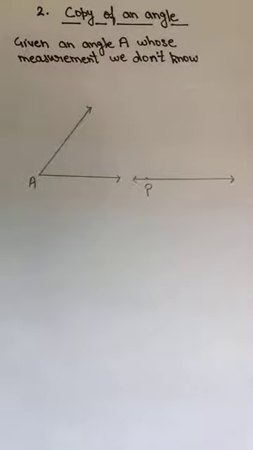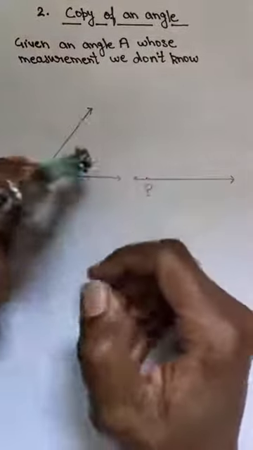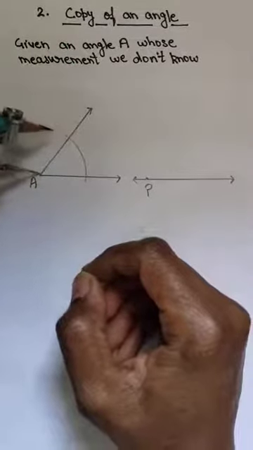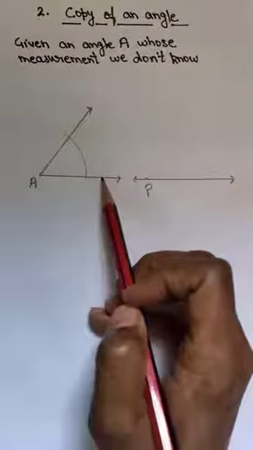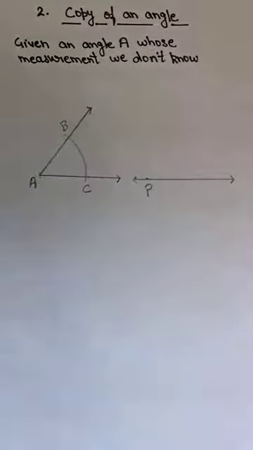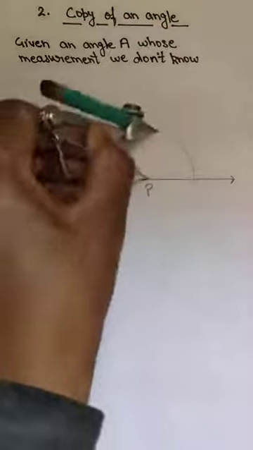Now place the pointer of the compass at A and draw an arc to cut the rays of angle A at 2 points, B and C. This is angle A. Okay, we have drawn an arc in such a way that it cuts the rays of angle A at points B and C. Now, with the same radius, we have not changed the compass setting, with P as a center, draw one arc here also.